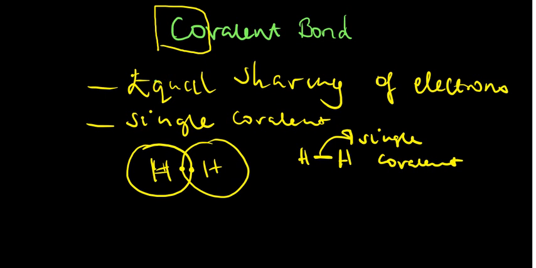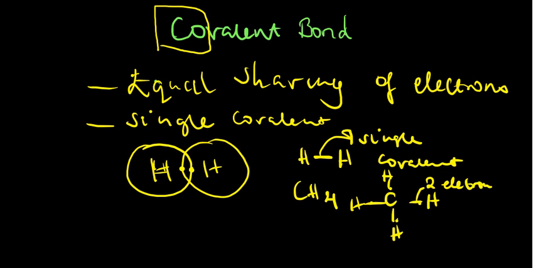We also have methane. Methane is like this. Methane has single covalent bonds, so we have two electrons here, in each CH bond you have two electrons being shared.